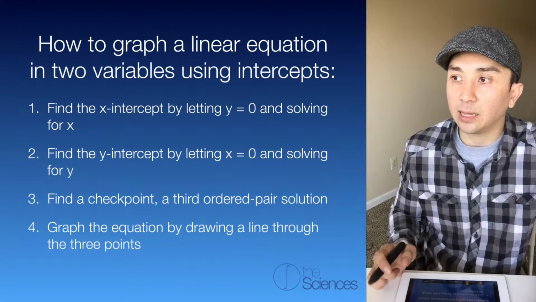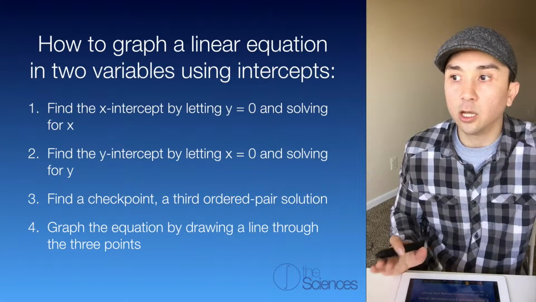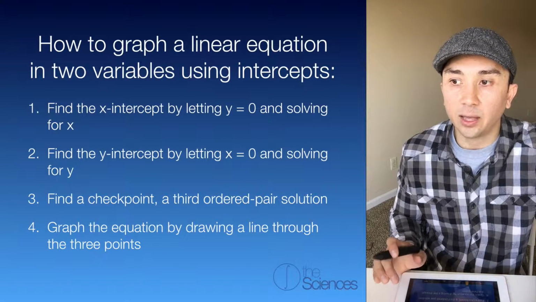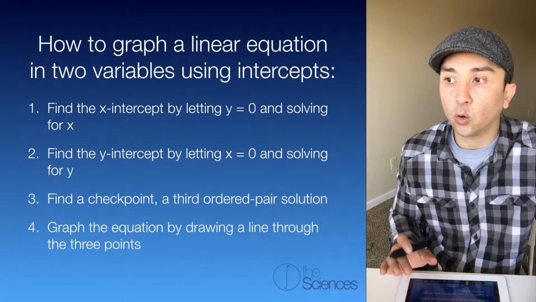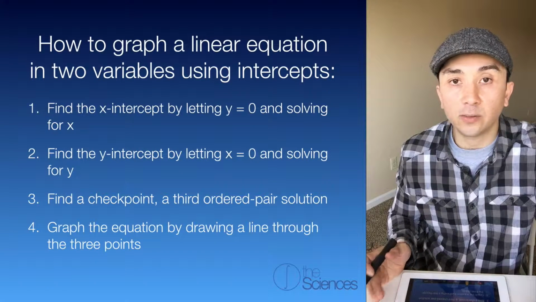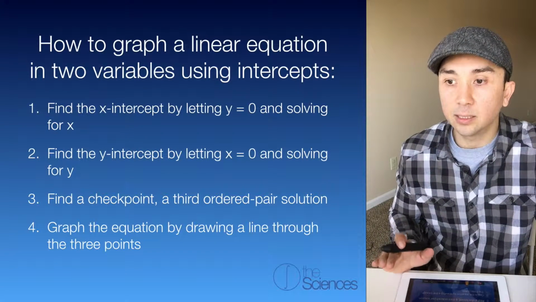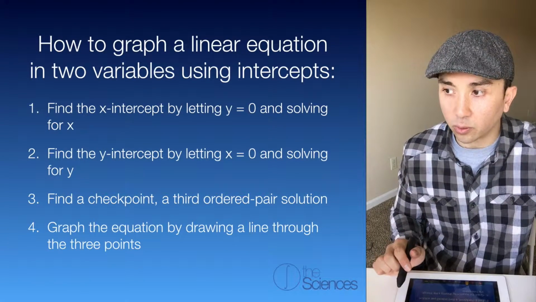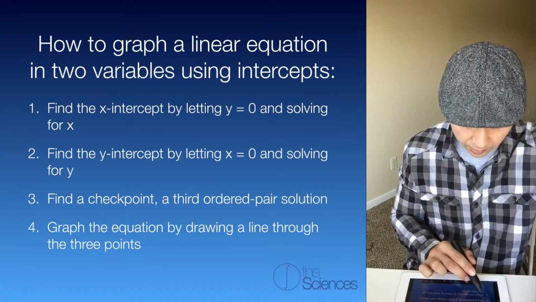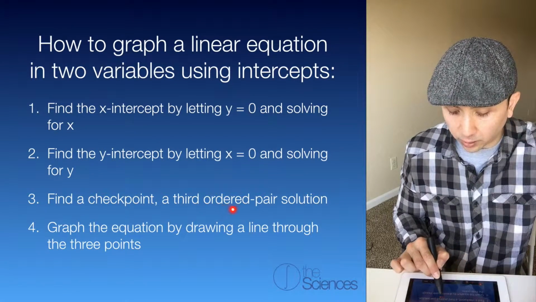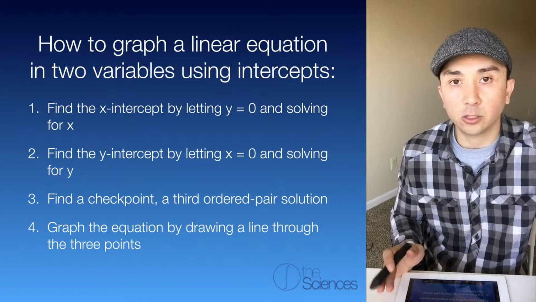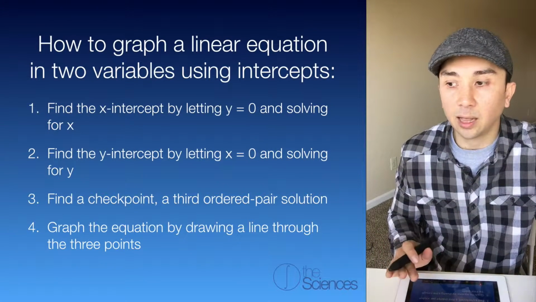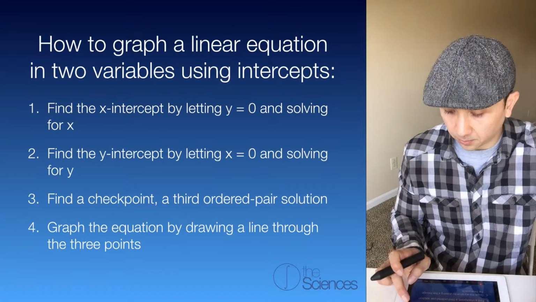Here's how to graph it: first, find the x-intercept by letting y equal 0 and solving for x. Then find the y-intercept by letting x equal 0 and solving for y. Next, find a checkpoint, which is a third ordered pair solution. Then graph the equation by drawing a line through the 3 points.